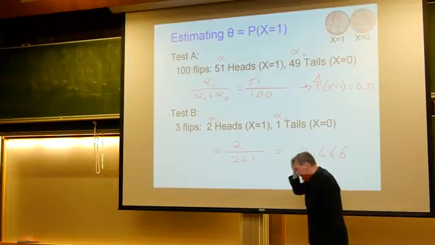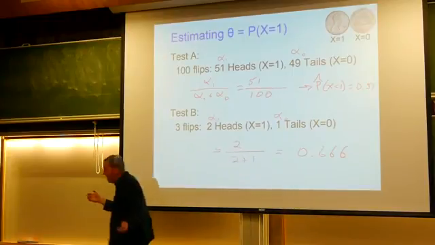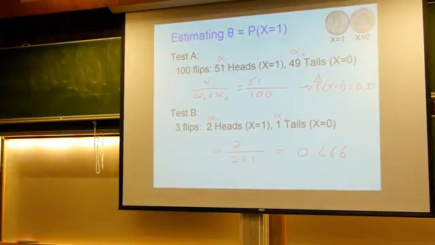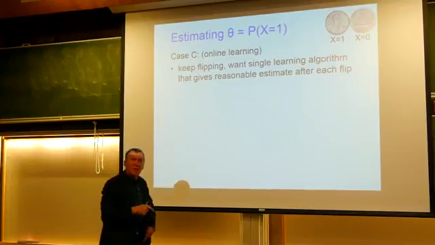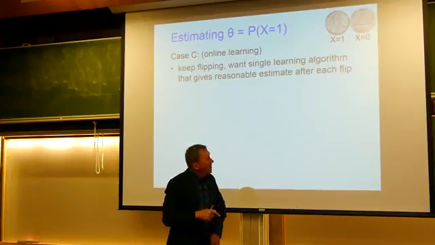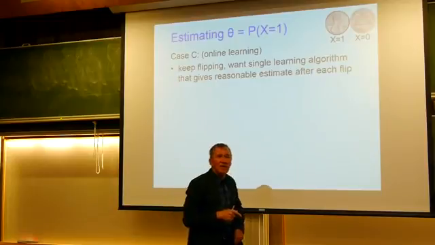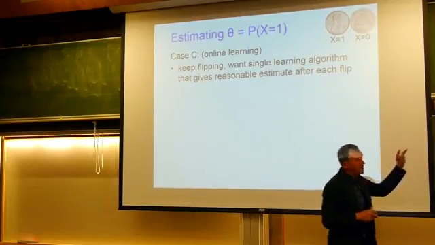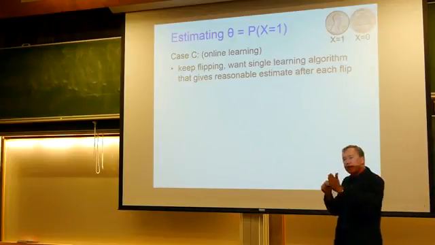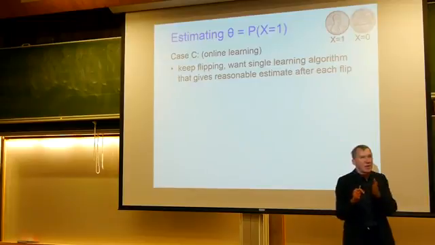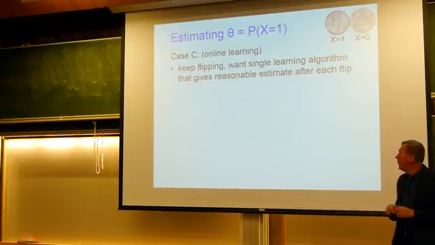Okay. So let me ask you again your intuition. I liked your first intuition, that we should just look at the proportion of things. But now let me give you the final case. This is my real question to you. I want you to give me an algorithm that'll work in the following setting, which some people call online learning because the data is trickling in over time, and you want a hypothesis at any given point in that time series.